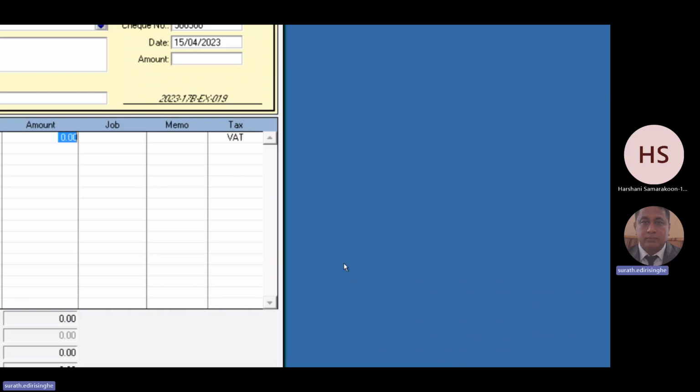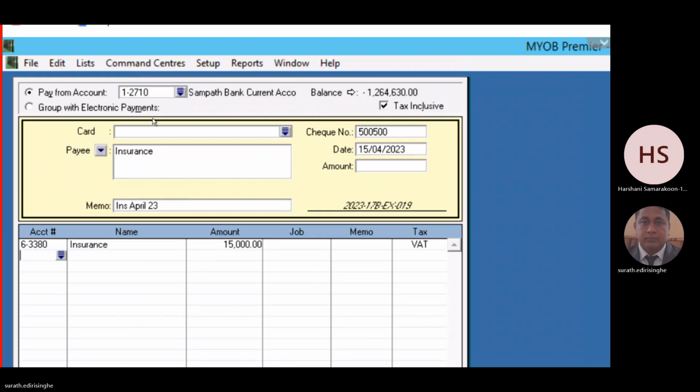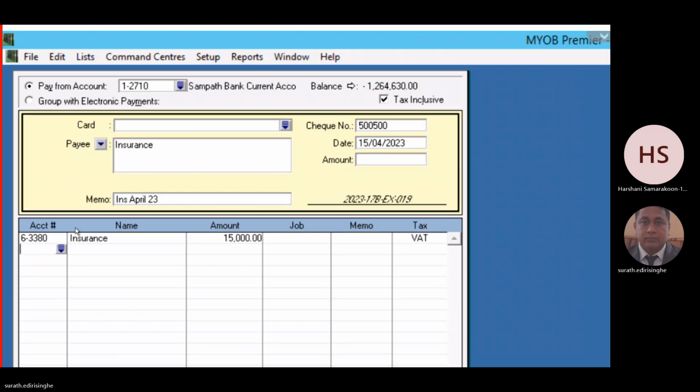Use this account. 15,000, no? 15,000. Can give the memo number again. Definitely VAT liable. Student, look at here. Tax inclusive. Tax inclusive. Right. Correct.